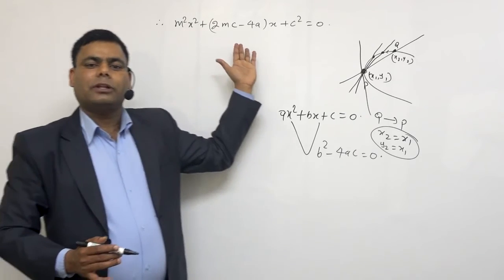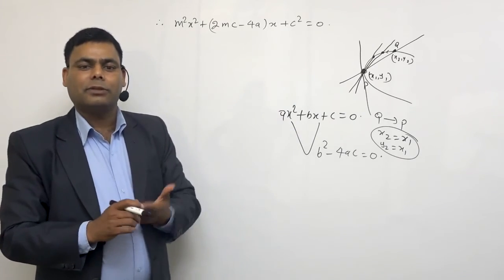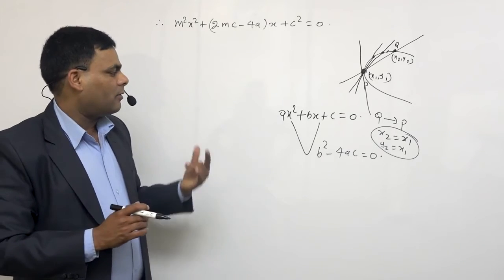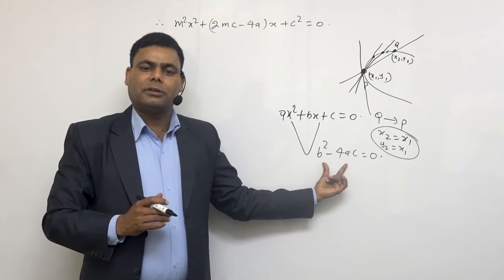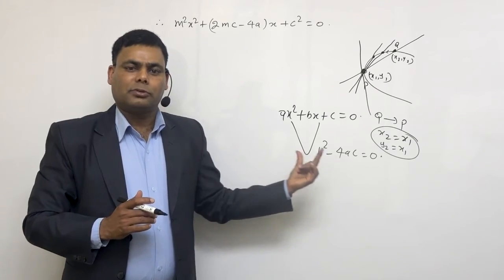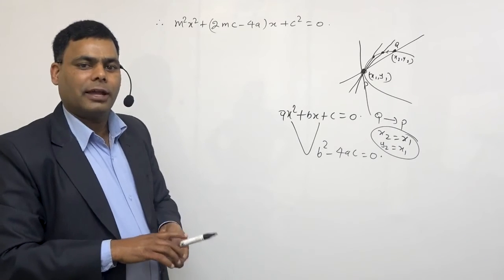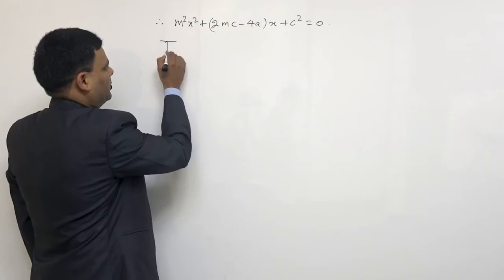Now the line y equals mx plus c becomes tangent to the parabola if two values of x are real and equal. The condition for which is the discriminant must equal 0. In this way, using this fact, we can find the required condition for a line to be tangent to the given parabola.